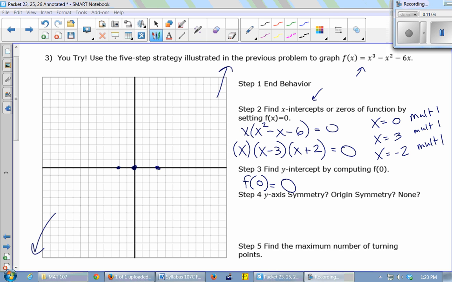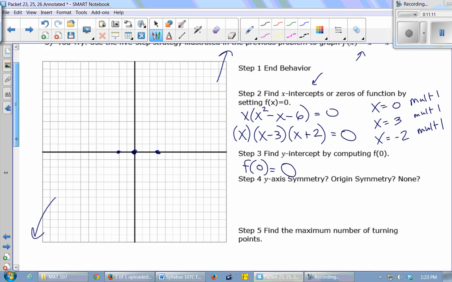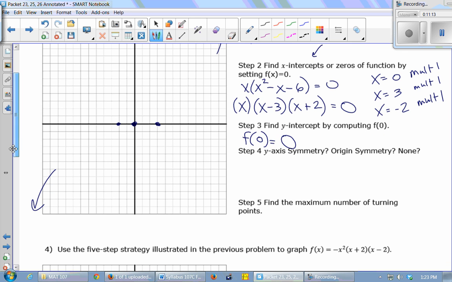Did this guy have any symmetry? No. If we plug in a -x, we get -x cubed minus -x squared minus 6 times -x. And that becomes -x cubed minus x squared plus 6x.